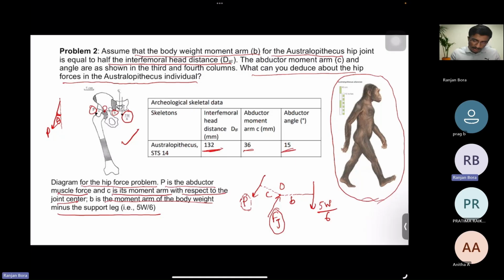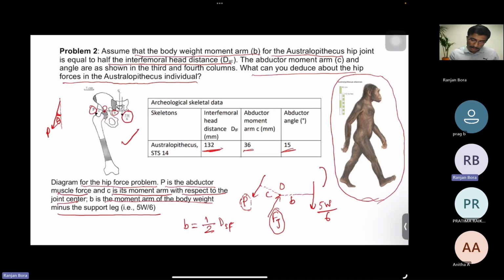C is given as 36 and B is given as half of DIF. So I will solve in the next page.